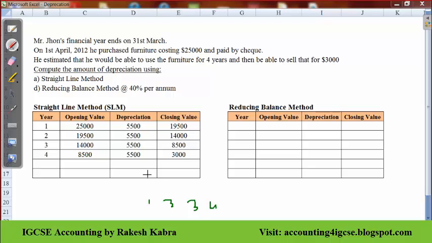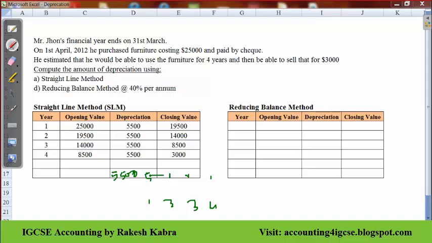Every year, depreciation will be the same amount, 5,500, isn't it? In this year also 5,500, in this year also 5,500. Suppose this is the 5,500. Okay? So every year the amount of depreciation will be the same.